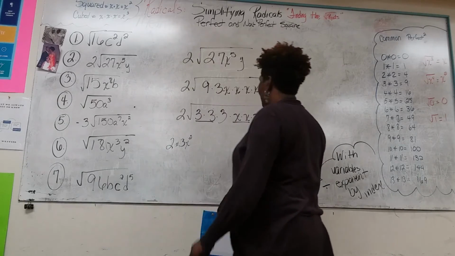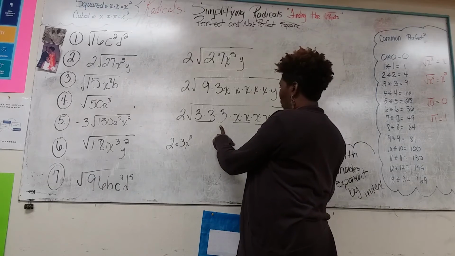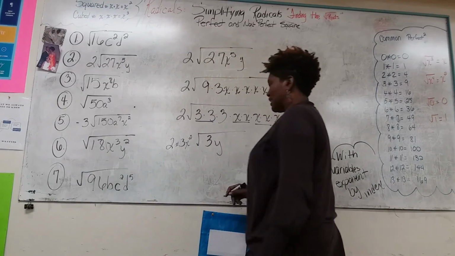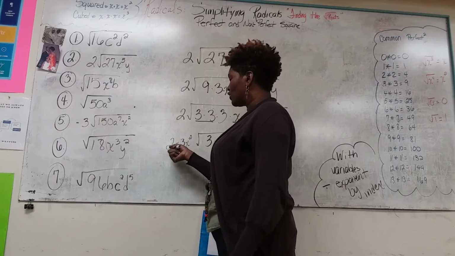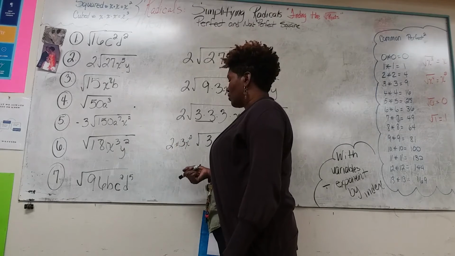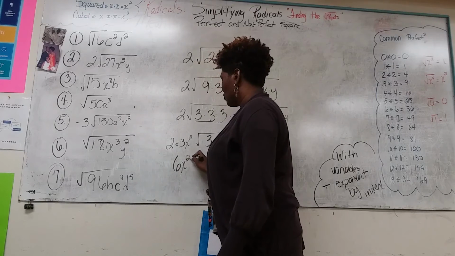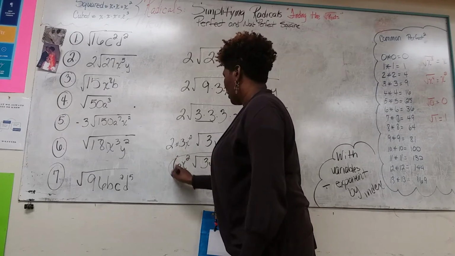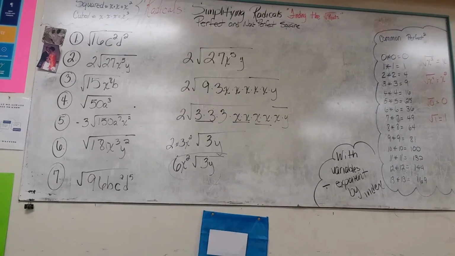So that's squared. And then you have this remaining, 3 and y, so that's staying under that root. And that's our answer. So now, what's 2 times 3x squared? 2 times 3 is 6x squared, square root of 3y. That is our answer.